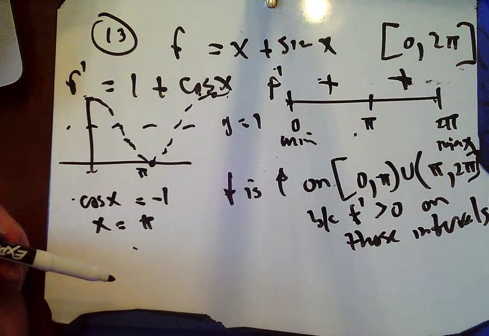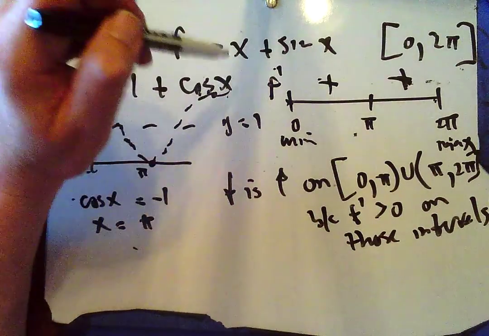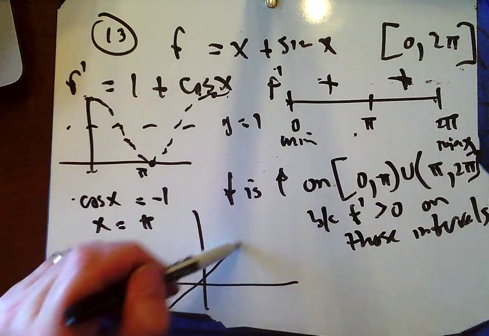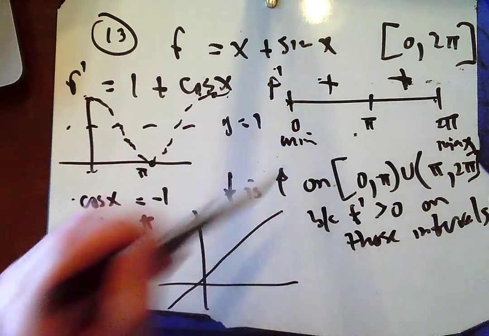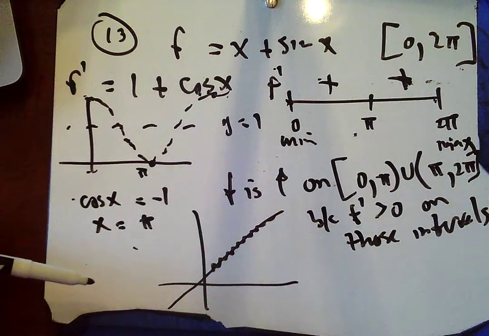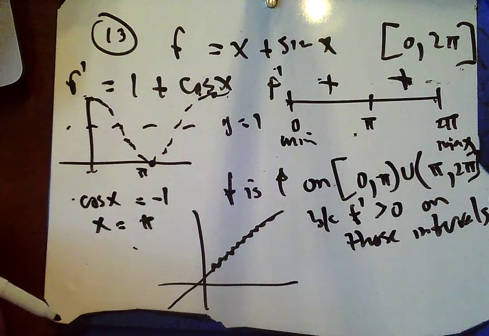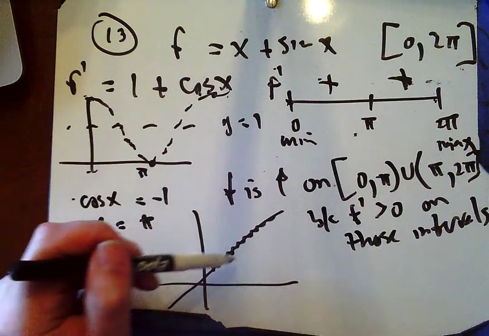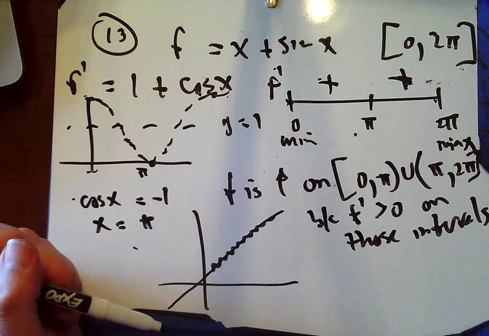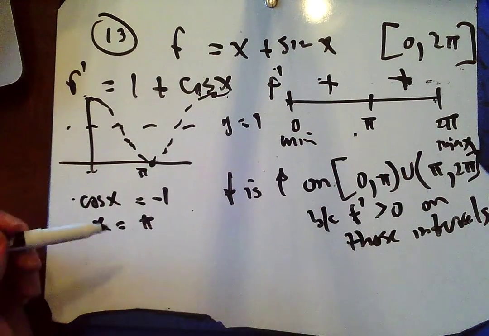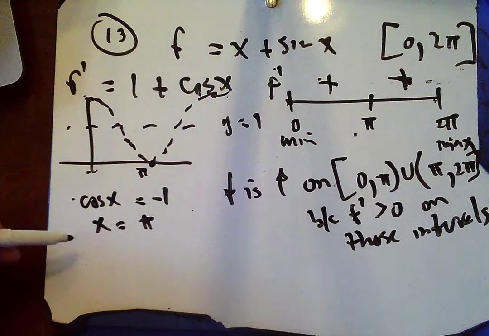And if you want a reason why, it's because this is y equals x plus sine, y equals x plus sine is kind of looking like that. So it doesn't surprise me that I'm told this function is increasing everywhere but at pi. Okay, no max, no min.